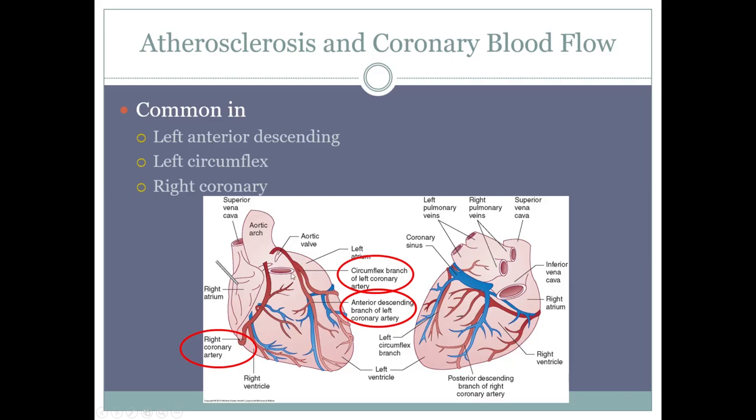So as you might imagine, the more proximal you have that occlusion or stenosis, whatever might be occurring at the time, the more heart muscle is going to be damaged, right? So I'm sure at some point you guys have heard the term widowmaker as far as a myocardial infarction.